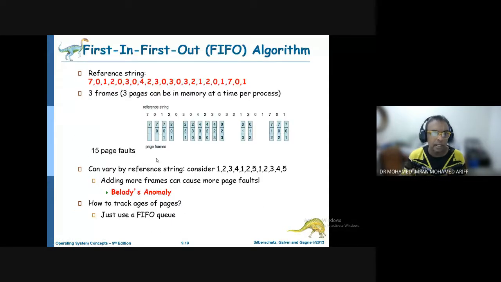Dia akan ada algorithm, the first algorithm is called the first in first out algorithm. Okay, so let us look at this example. So these numbers here represent the page number. Okay, page numbers.